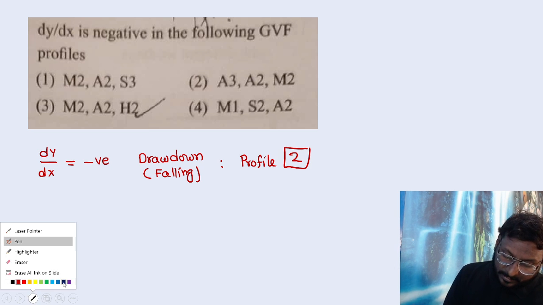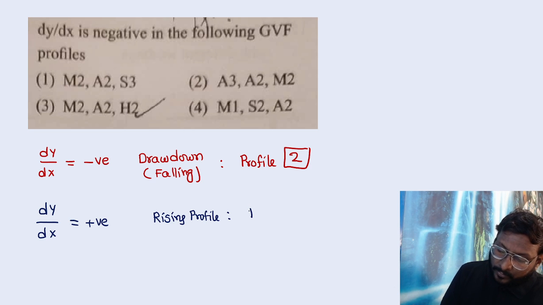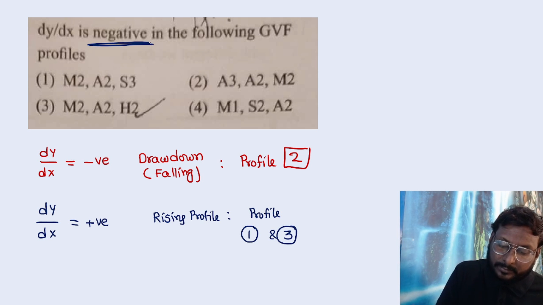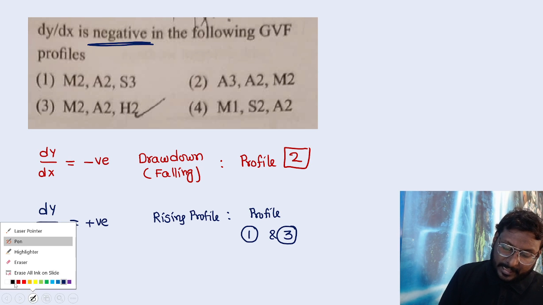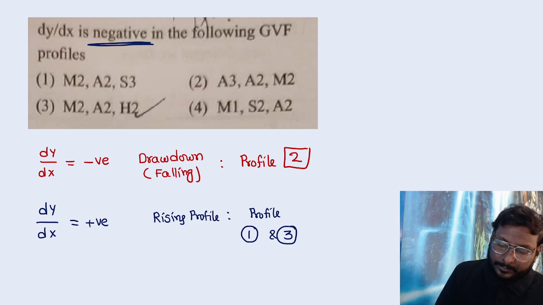When dy by dx is positive, it is a rising profile. Rising profile is for profiles 1 and 3. So it is very clearly mentioned that negative happens for the second profile. So select the options all carrying profile 2.